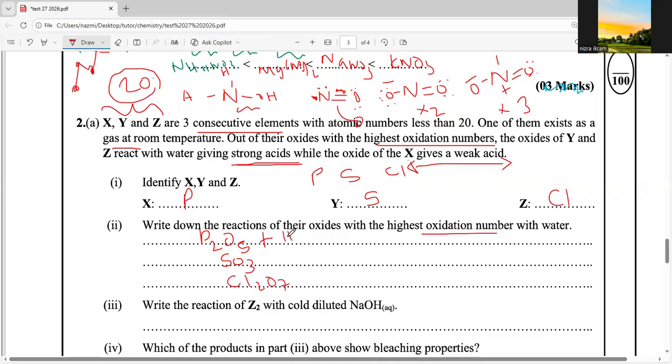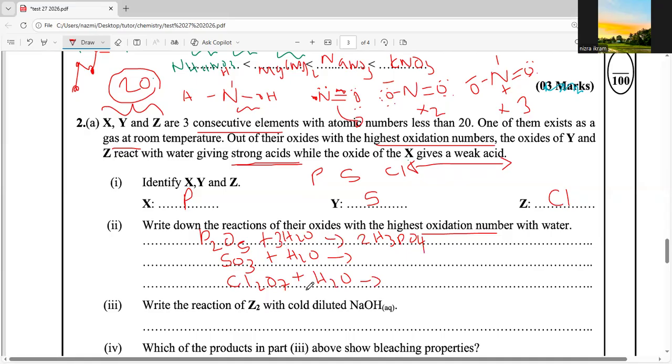Then the oxides react with water, which we have studied. P2O5 with water forms H3PO4, 2H3PO4, and it has to be balanced as well.